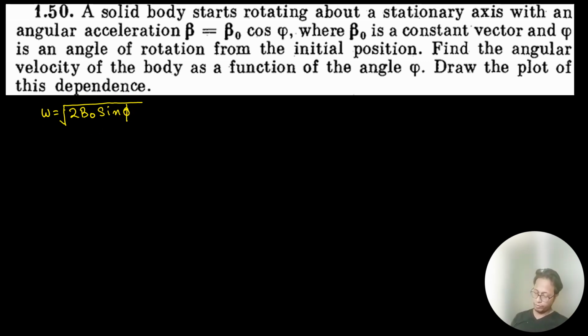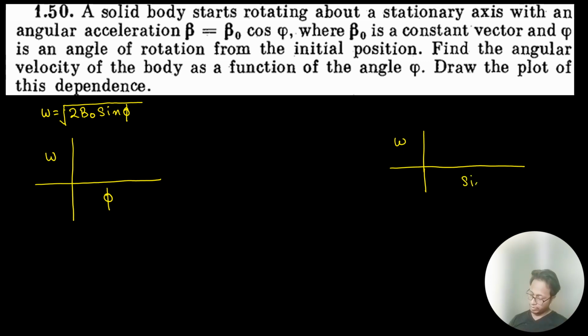In order to draw this graph, just tell me, how does the graph of omega versus theta look like if omega equals sin theta?